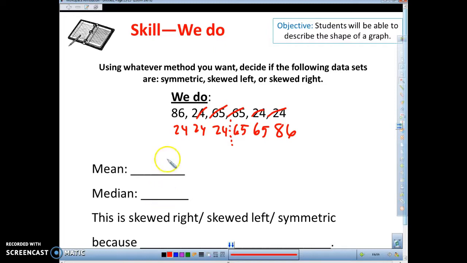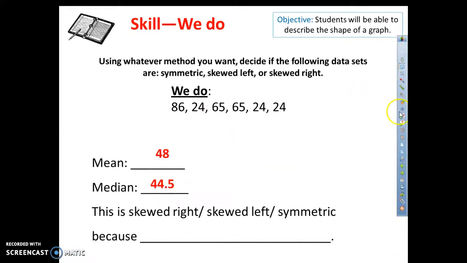It should give us 48. So our mean is 48. And if I want to average these two guys, 24 plus 65, that is going to give us 89 divided by 2. And 89 divided by 2 is 44.5. Okay, and that's what I have.